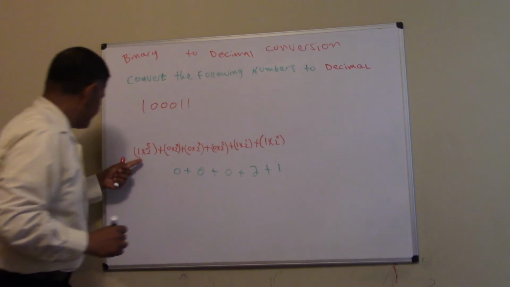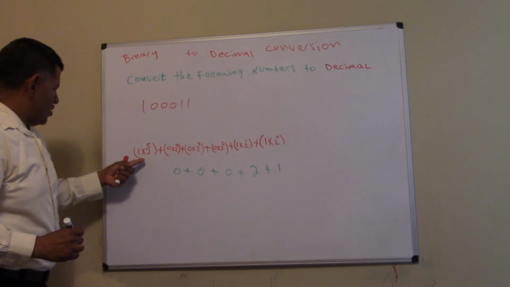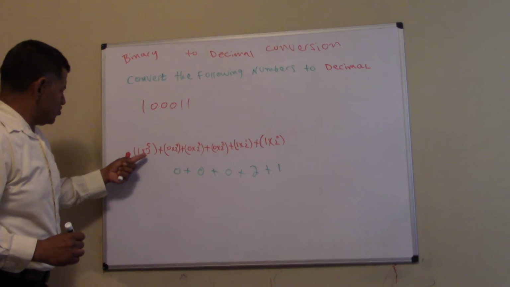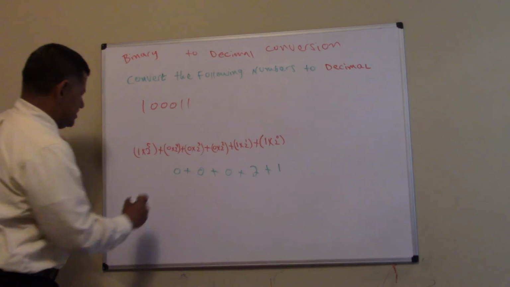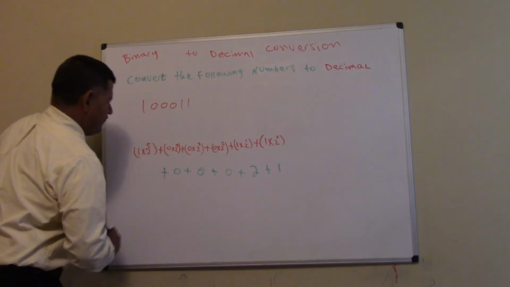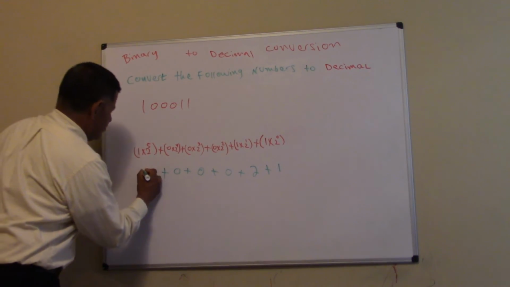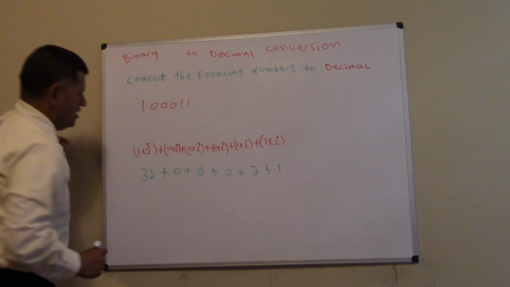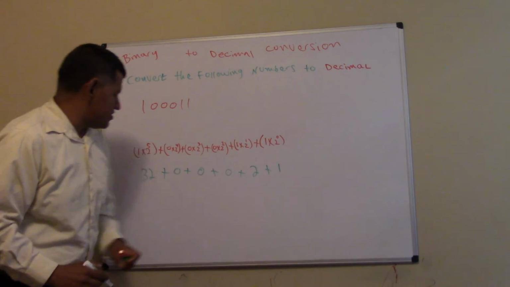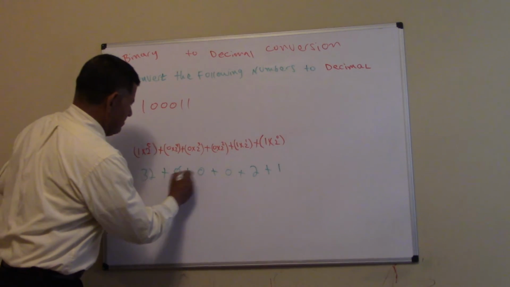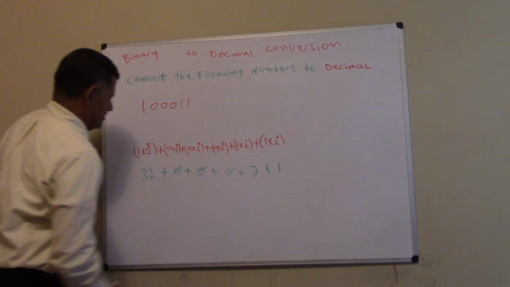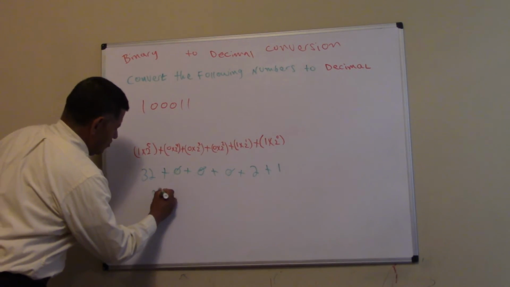And then 2 to the 5th power is 32, right? Now you add these numbers, so forget about the zeros, and you get 32.